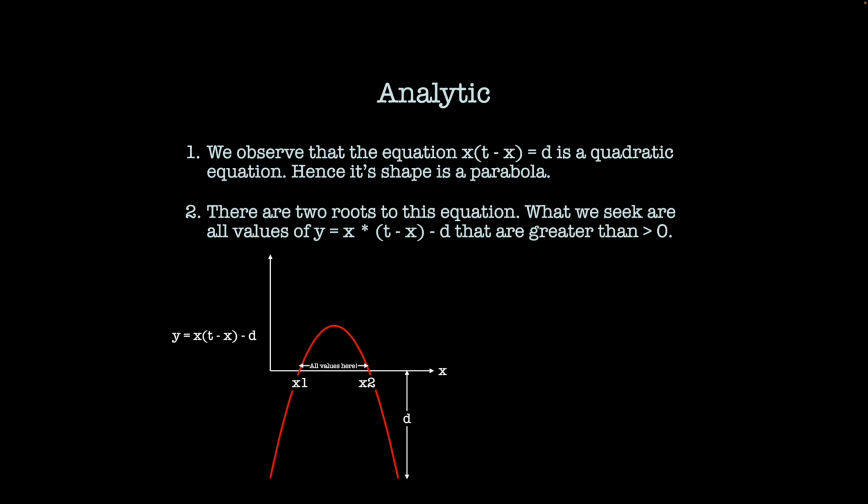So that's our answer, which is given by the floor of x2. Why the floor? Because the value should be strictly greater than d, and we're looking at a real number plot. For x1, we have the ceiling, so it has to be on the right side. And the difference, accounting for the range, is essentially our answer.